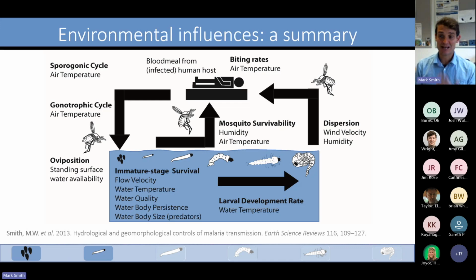So these different cycles will depend on air temperature. So how long it takes for the parasite to develop in the mosquito's stomach, and also how long it takes for the mosquito to develop eggs ready to lay, all depend on temperature. So generally, the warmer, the faster this happens.